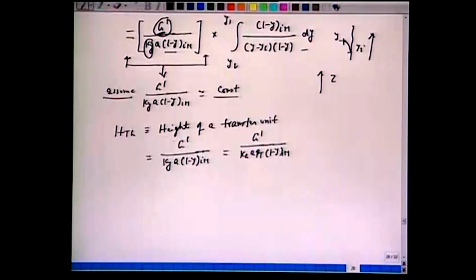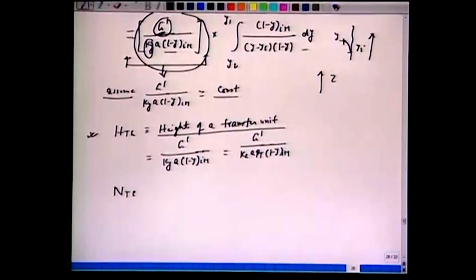So, we are defining this quantity here, height of a transfer unit. We will see later what the physical meaning of this is. For the time being, the quantity which is outside the integral is HTG, and the quantity which is inside the integral, NTG, is the number of transfer units.